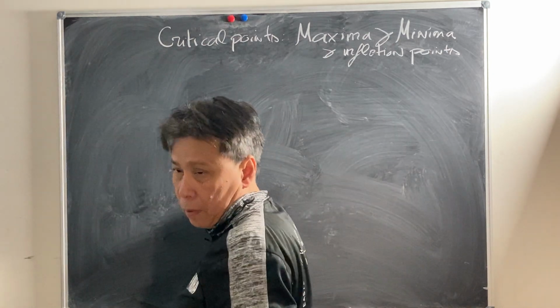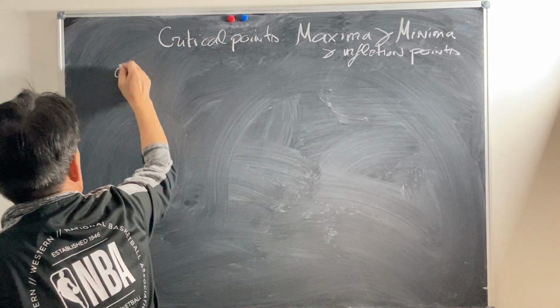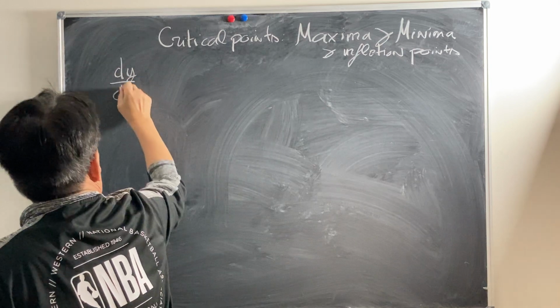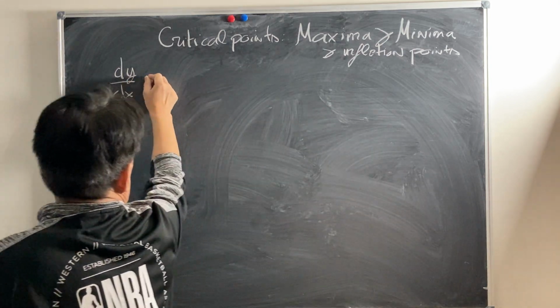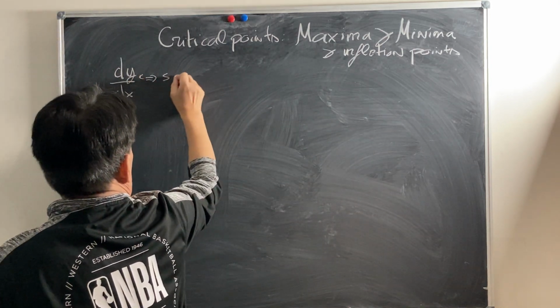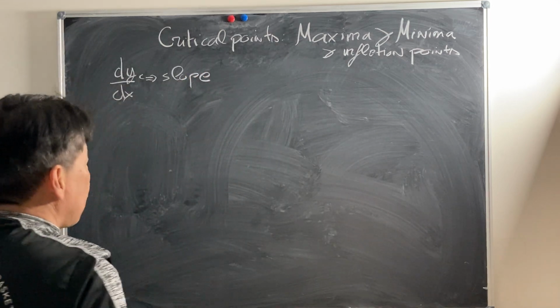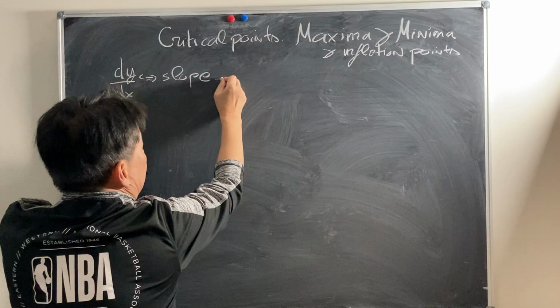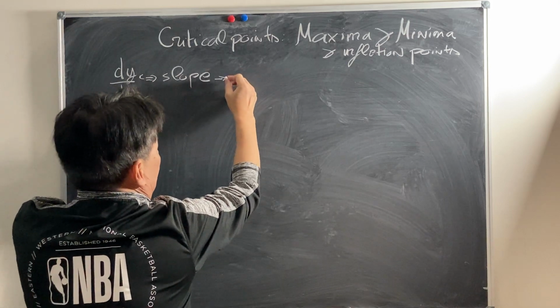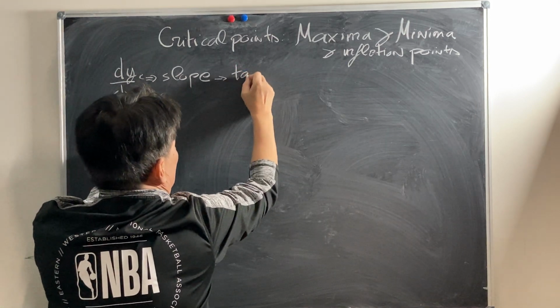Okay, we know the derivative of a function is the slope, right? So if it's the slope of the line, then it's also the tangent line.